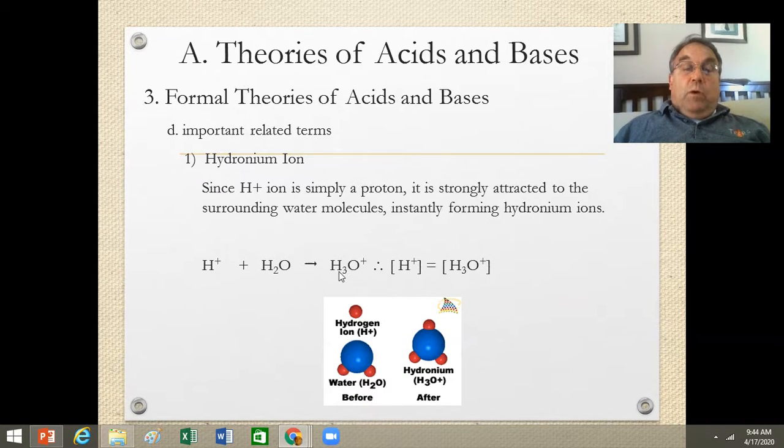So consequently, when they give you the hydrogen ion concentration, it's going to be the same as the hydronium concentration. In fact, these two are used interchangeably. And then the third term that's used interchangeably is a proton. A hydrogen ion is a proton. So we can use hydrogen ion, proton ion, and hydronium ion all interchangeably.